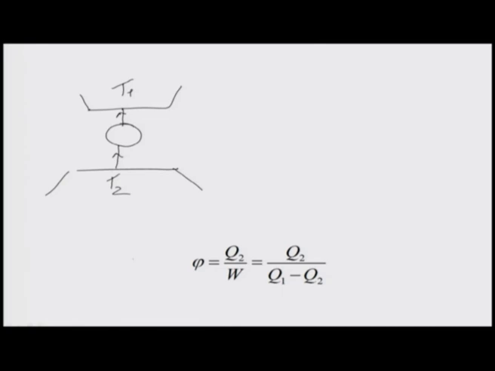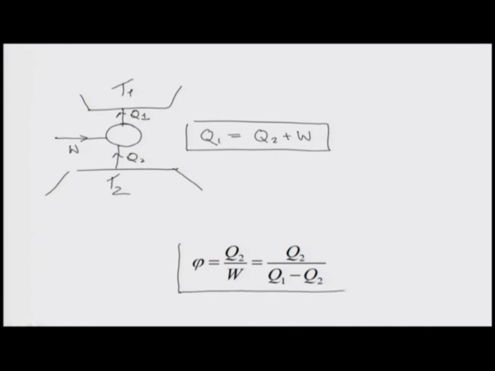Now, it absorbs heat from here, follow the arrows I have drawn: Q2 amount of heat it absorbs, Q1 amount of heat it dumps, and then Q1 should be equal to Q2 plus W, the work done on it. This satisfies my conservation. I take Q2 amount of heat and dump it to this. Now, I have the coefficient of performance which I have defined, heat absorbed by work done, so Q2 by Q1 minus Q2.